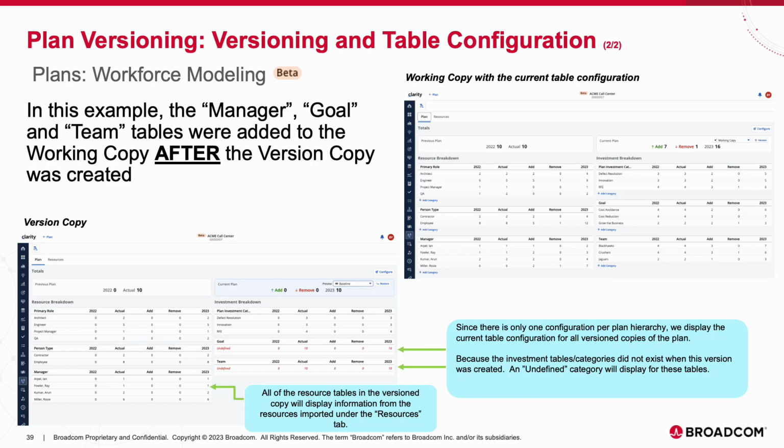Let's take the resource side for now. Since these values were already part of the manager, those actuals will display within the version copy. It will take the information you have within the resources tab and display the manager information in those tables.